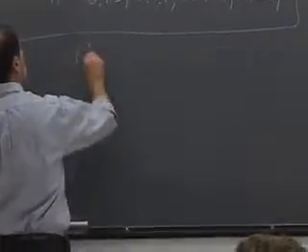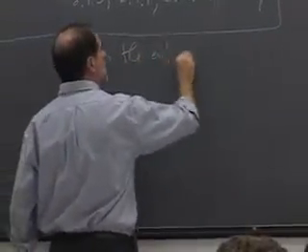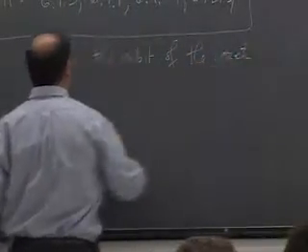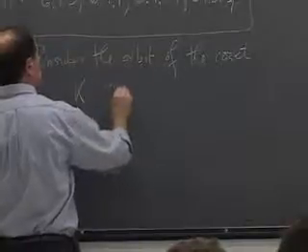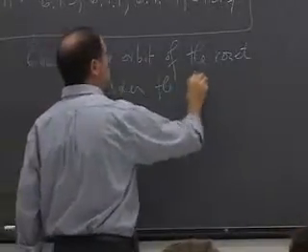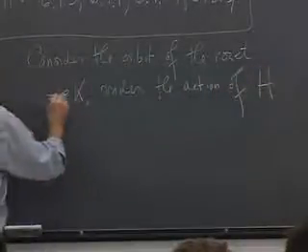Well, let's see. Consider the orbit of the coset K, I could call it eK, under the action of H. This is one element in my set.